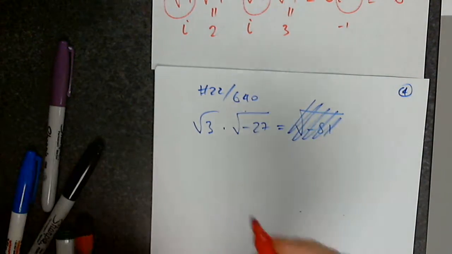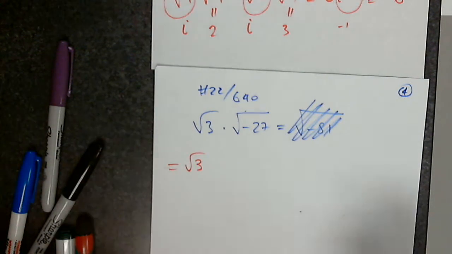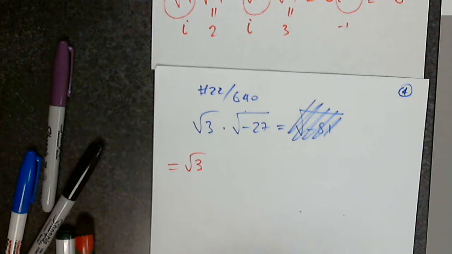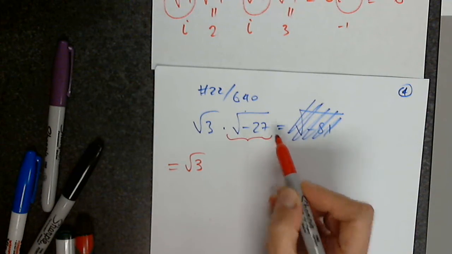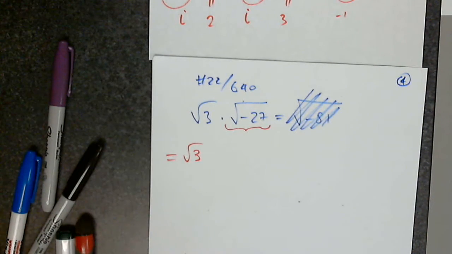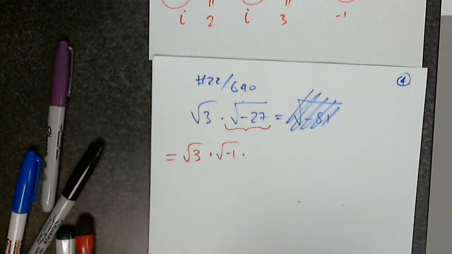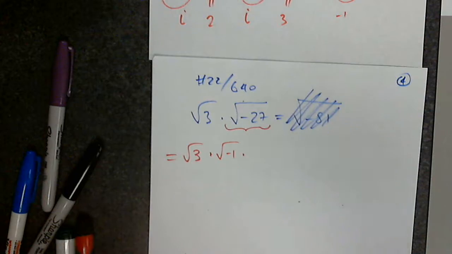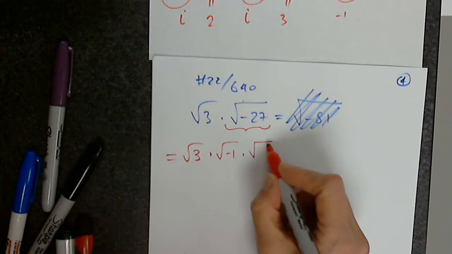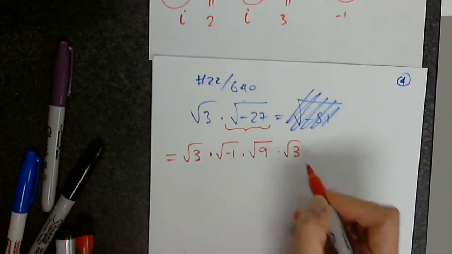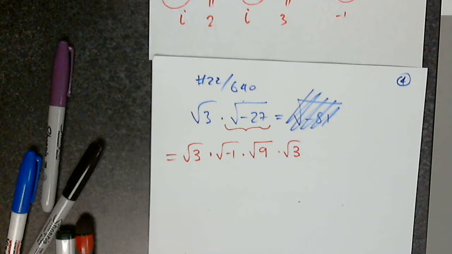However, what I can do is copy the square root of 3, which I cannot do anything to, and then split this. Can anyone tell us how to split it? Times the square root of -1. Very good. Times the square root of 27. Right. So let's go ahead with the square root of 27 and say the square root of 9 times the square root of 3. Excellent.